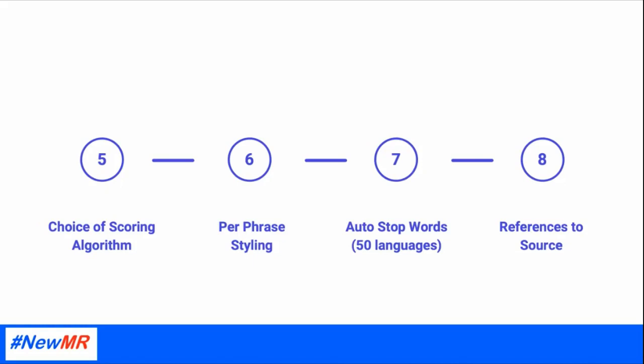We currently support 50 languages. And finally, in week 8, another feature that you saw Ray using: being able to click on a phrase and see where it is referenced inside the source text, which is particularly good for drilling in to understand what is happening. So that gives a feel of the sort of features that we've been able to deliver recently.